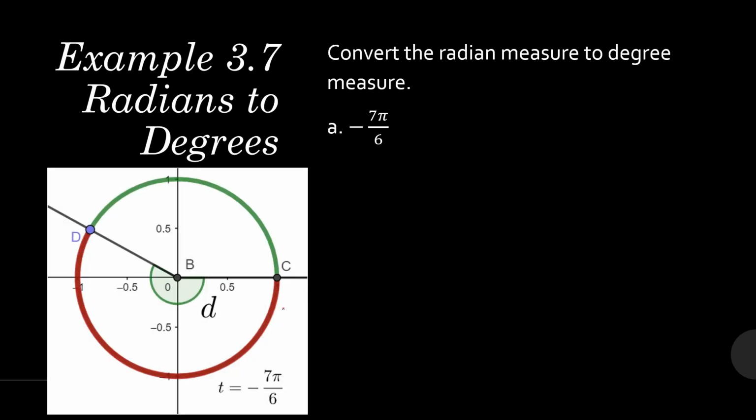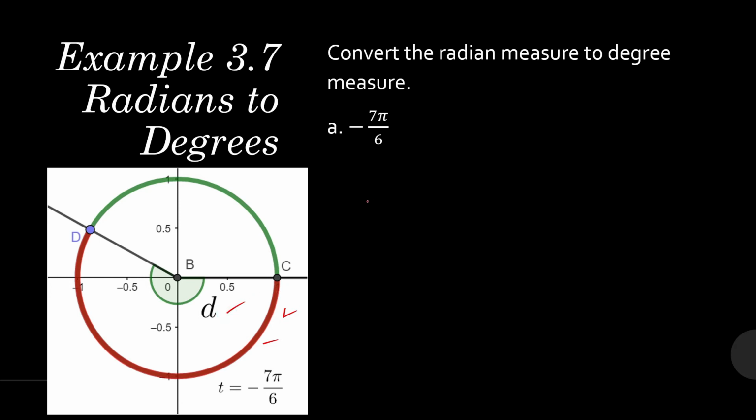We know the length of the arc t. It is equal to negative 7 pi over 6. So this red curve here, this arc, that is the radian measure of our angle, and it is equal to negative 7 pi over 6. So we do not know now the degree measure of that angle. So how do we solve for D? D is the degree measure.